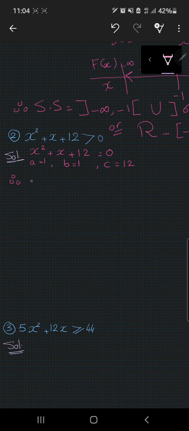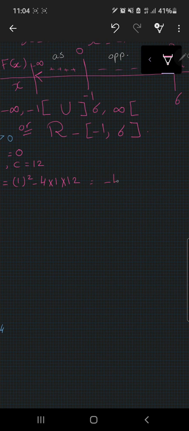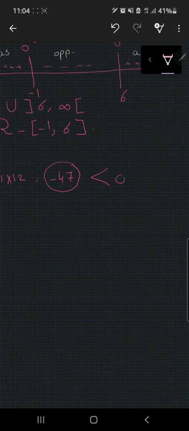By substitution, b power 2 minus 4ac equals 1 power 2 minus 4 times 1 times 12. It will be negative 47, a negative quantity less than 0.